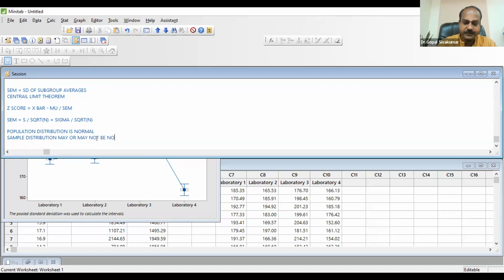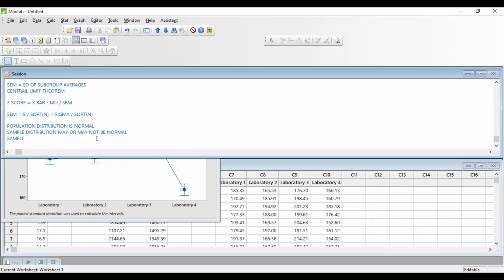Am I right? Because I already told you, the quality of the sampling matters. If you don't know how to take a sample, then you may not get the same distribution. Your sample may not resemble the population. But if you take the sample very carefully, then whatever you see in the sample is applicable to the population also.